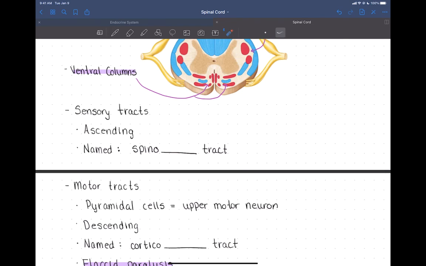An example that we'll learn is spinothalamic. So it's going from the spinal cord to the thalamus, which is our sensory relay station. If a tract starts with spino, that typically means it's going to be sensory.